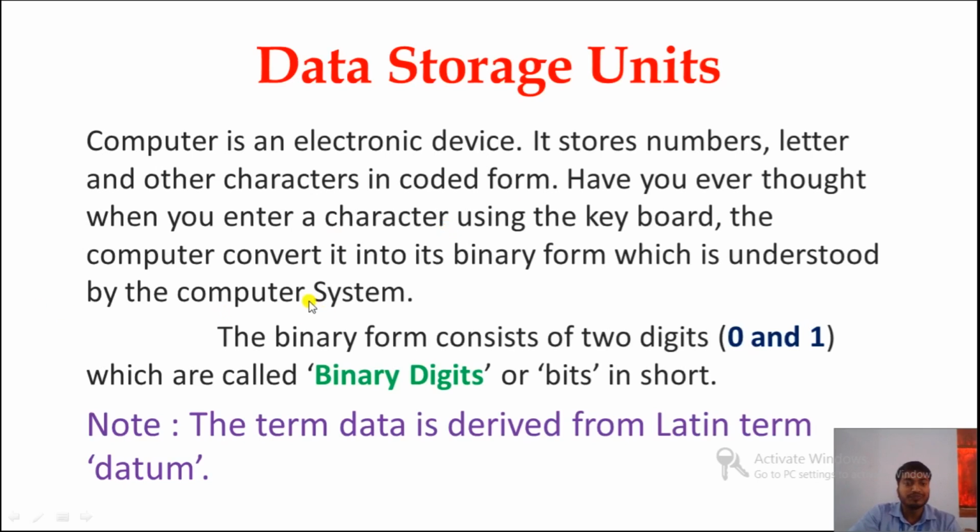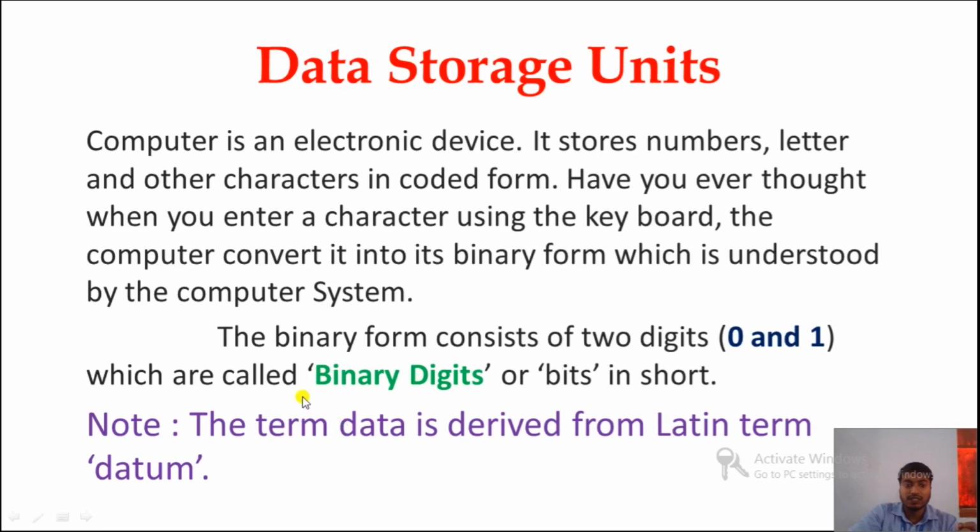Now what is this binary form? This binary form consists of 2 digits, 0 and 1. So the computer understands 0 and 1, that is the binary digit. So the computer understands only binary digits. We give input in our own language, but the computer converts it into binary digits.